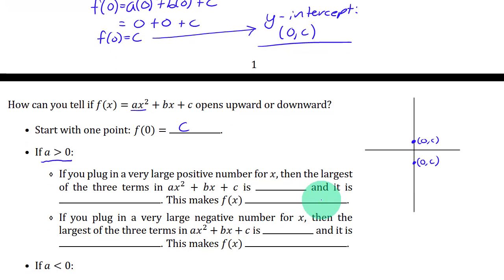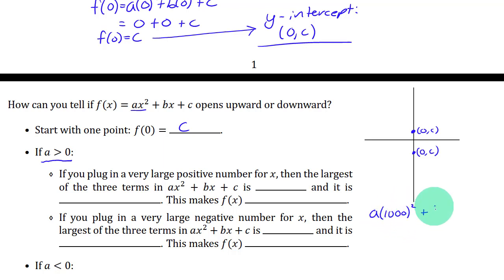So if x is 1,000, then when you plug that in, the ax squared term is going to be this positive number a times 1,000 squared, plus whatever b is times 1,000, and then plus whatever c is.